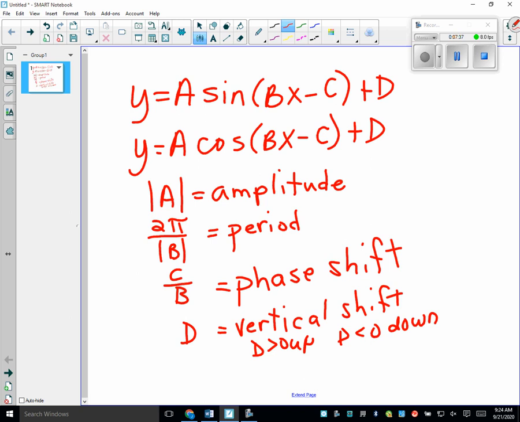We didn't do x scale, did we? When we marked a graph, we marked every fourth of a period. So if the period is 2 pi, what is a fourth of that period? That's what you want your x scale to be.